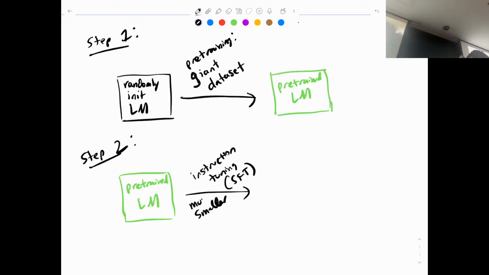Smaller, much smaller data than pre-training. Because you're limited by how much data in this format that you can get, right? It doesn't really naturally exist at scale like general text does on the internet.